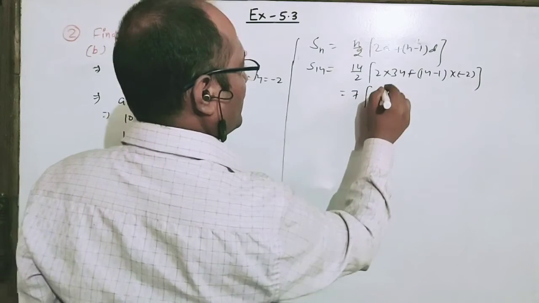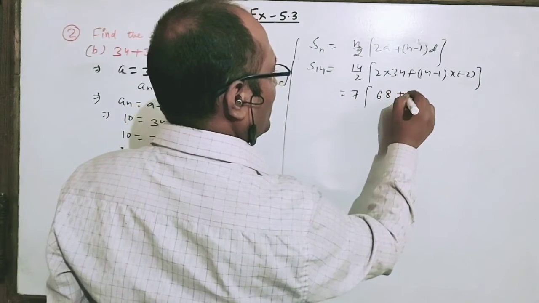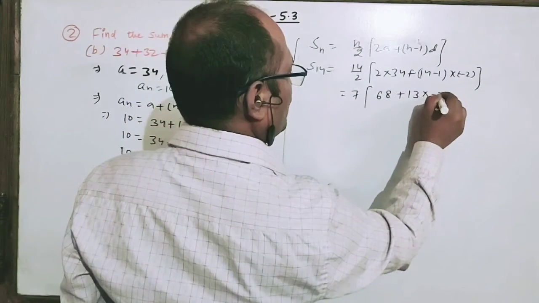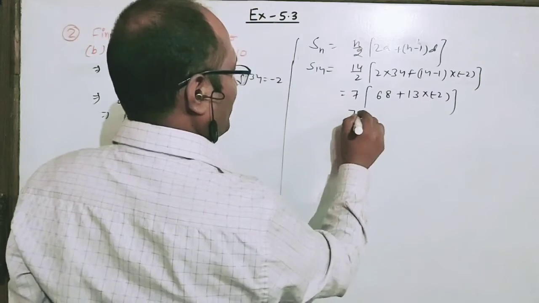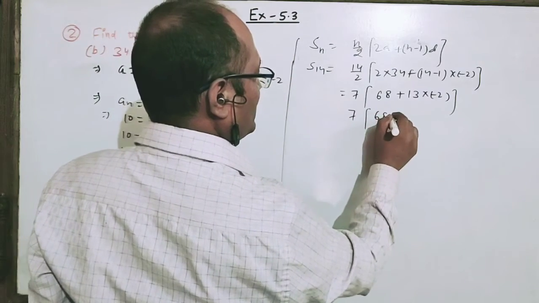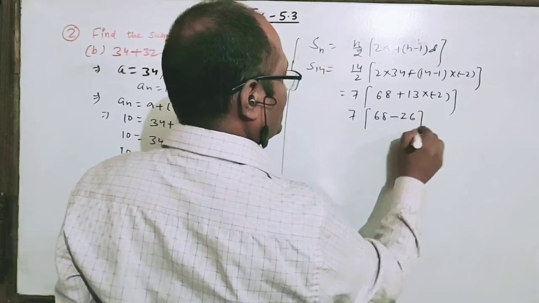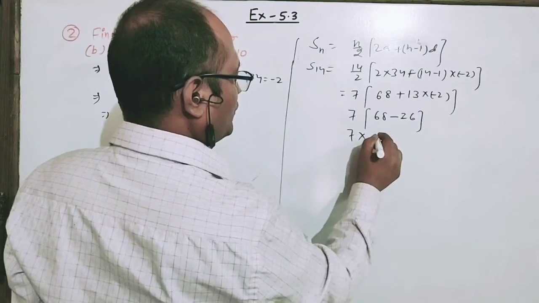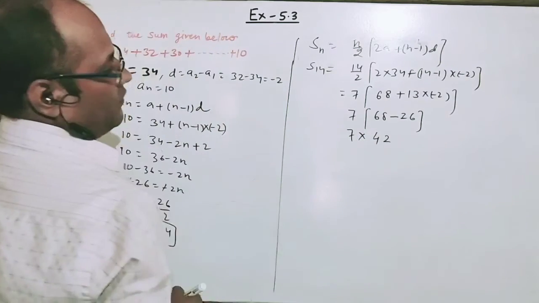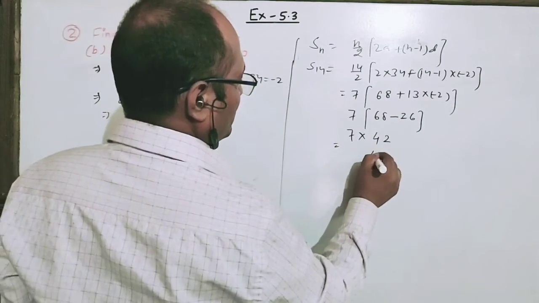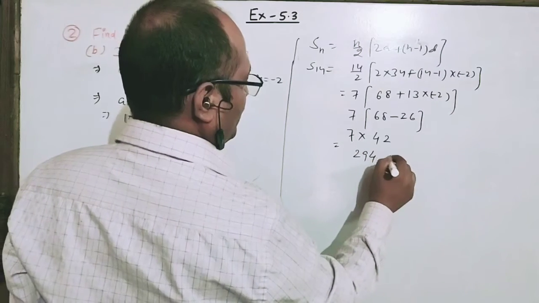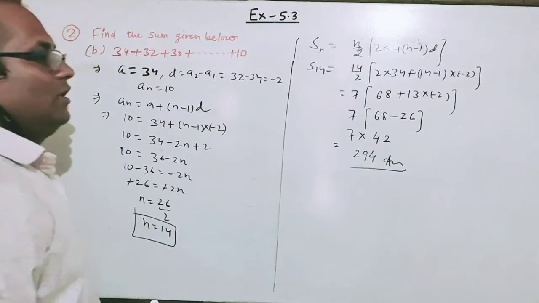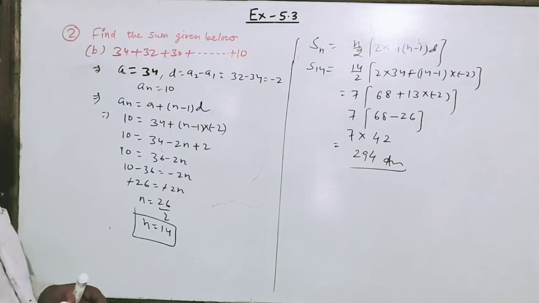That will be 7 into 68 plus 13 into minus 2, 7 into 68 minus 26. So 7 into 42, which is 294. So this is the answer of question number 2 part B.